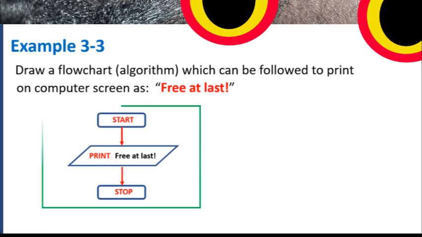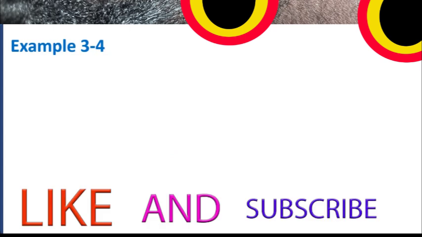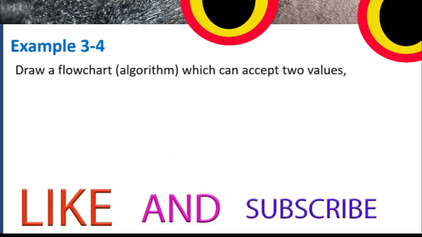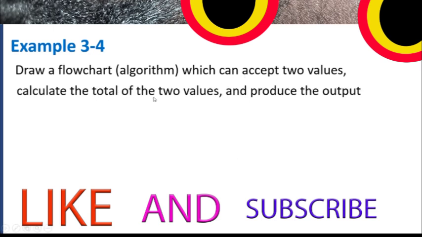Now when we have that, we can come to example 3.4 and say draw a flowchart or algorithm which can accept two values, calculate the total of the two values, and produce the output on the computer screen. Now, this one will be also followed just like we did in pseudocode.